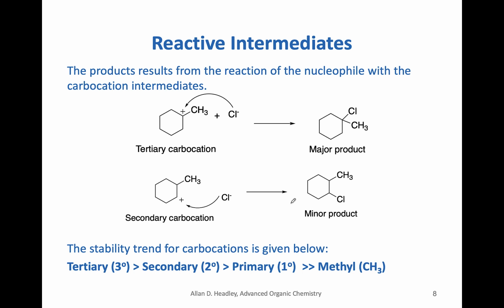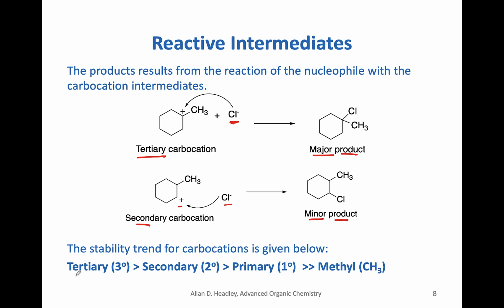In the second step of the reaction, as you can imagine, the Cl- reacts with the carbocation to form the product. Same here, Cl- reacts with the carbocation to form the product. You'll see here that this is the major product because it's formed from the more stable intermediate, the tertiary carbocation, and this is the minor product formed from the less stable carbocation.